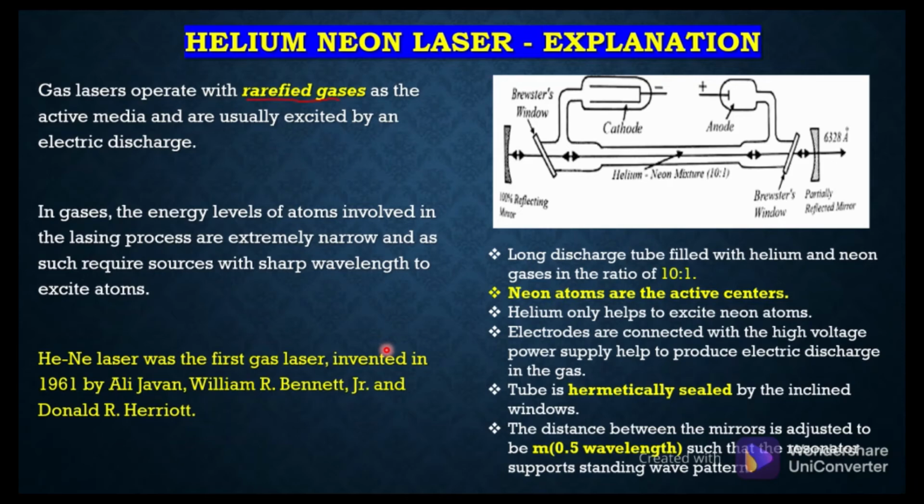I told you the xenon flash lamp generates white radiation, a combination of VIBGYOR colors, so the spectrum of emission is broad. But these gases get excited only with sharp wavelengths because their energy levels are very narrow.